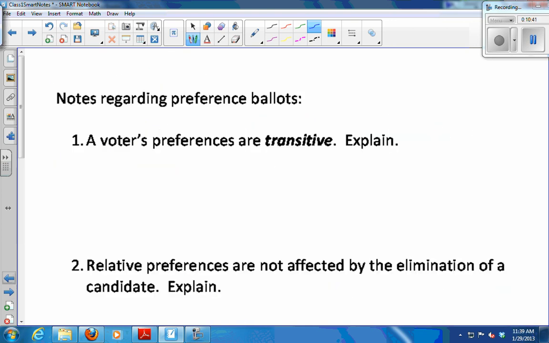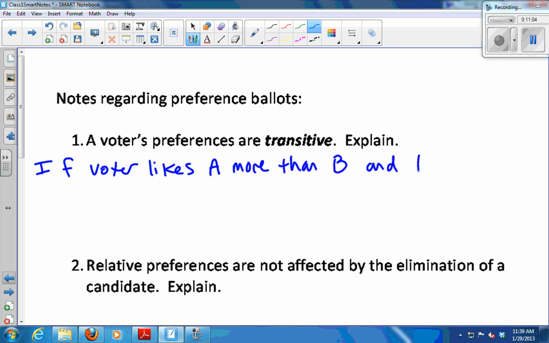Going back to our preference ballot, when somebody casts a preference ballot, their votes are transitive. That means that we know if the voter likes, and likes is the relationship here, A more than B, and B more than C, then what do we conclude?